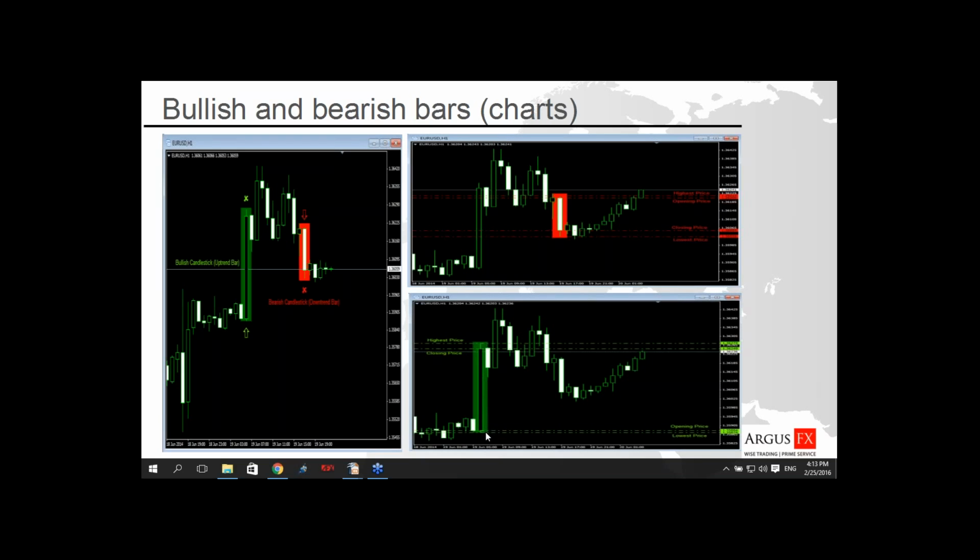In other words, both bullish and bearish bars have 4 features: an opening, a closing, the highest and the lowest price levels. Similarly, for all other candlestick bars, you can see there are different formations, but never forget that every bar has these 4 features: opening, closing, lowest and highest price.